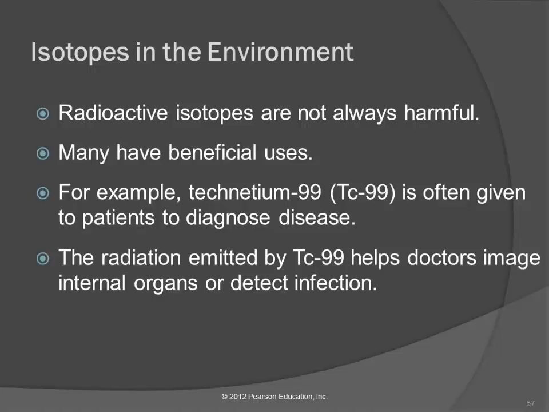And x-rays are useful, and things like CAT scans and MRIs are useful, but they don't always tell us everything we want to know. And so sometimes they'll either inject you or have you swallow a radioactive substance that's not going to harm you, unless, if you did that every day, it would harm you, but it's a small amount, and that allows them to take a different kind of picture of your internal organs, and could save your life.